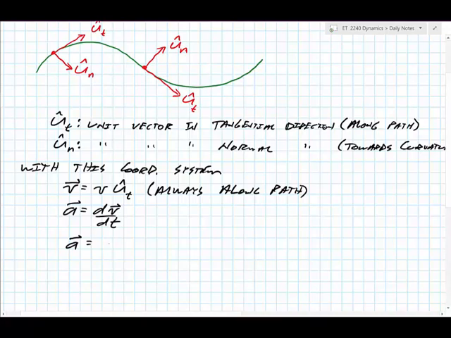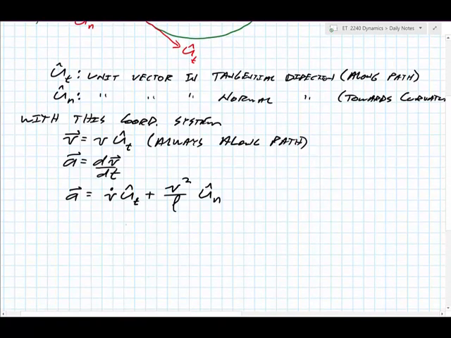So we're going to rewrite this acceleration vector as v dot, which, if you forgot, is my change in velocity with respect to time in the tangential direction. It's really your change in speed, plus our speed squared divided by this rho value, which is the radius of the curve that we're traveling on, in our normal direction.